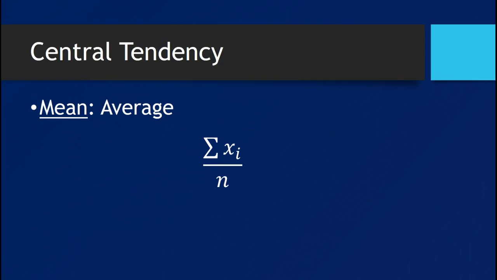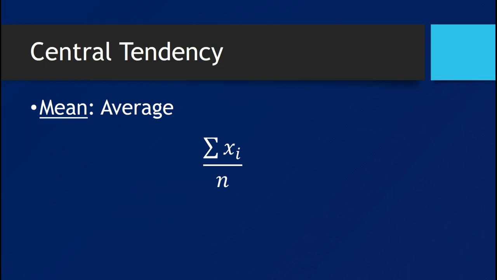So we're going to start out with the basic measures of statistics that probably most of you know or have heard of. And the first category of these measurements are central tendency measurements. Now it's pretty obvious when we say central tendency, what that's really referring to is the center of the group.